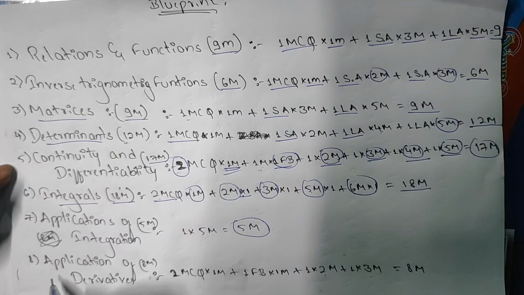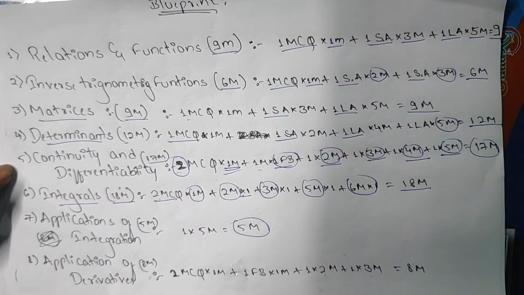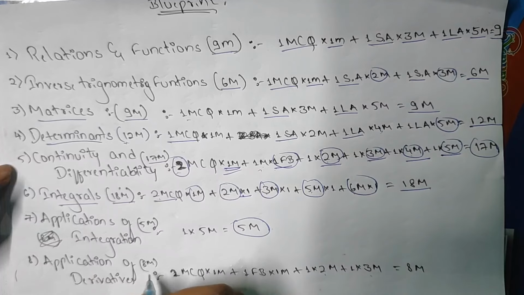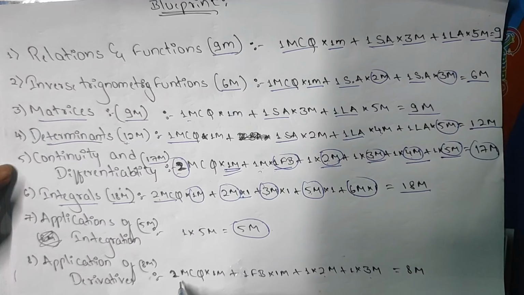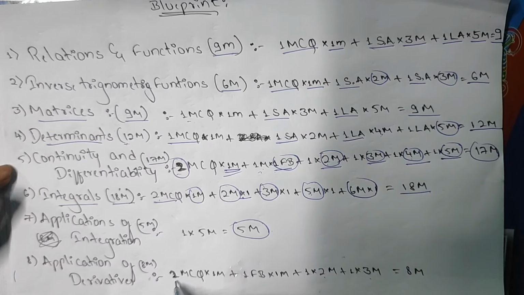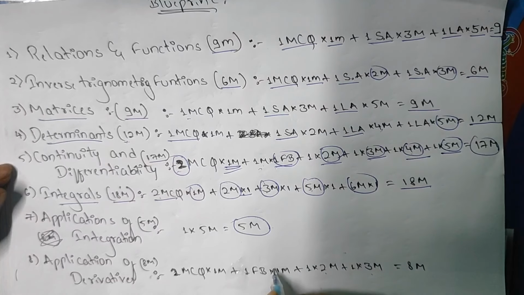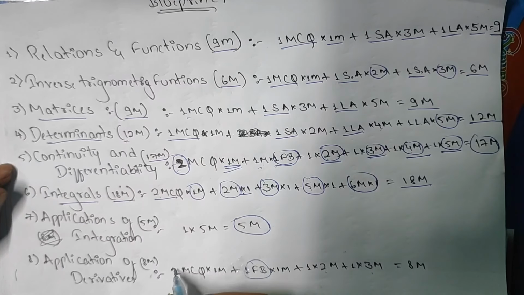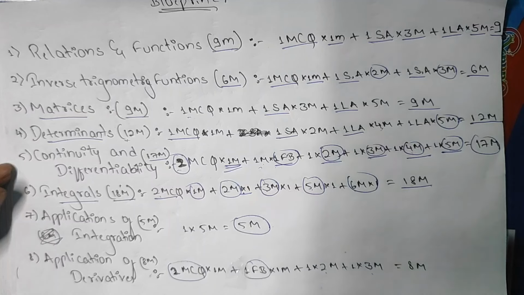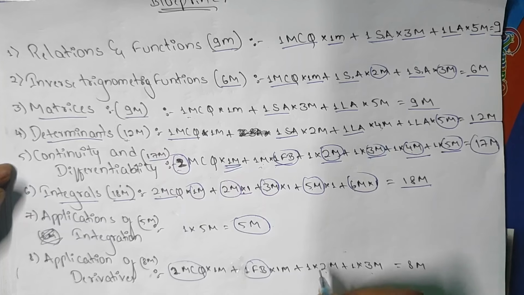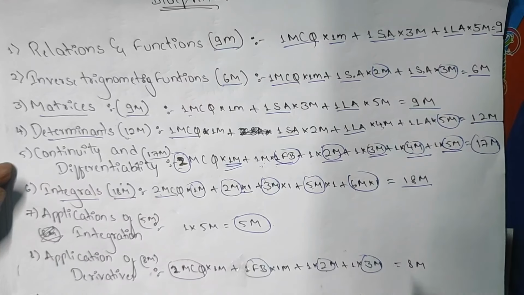And the next chapter is application of derivatives, which contains 8 marks. There will be one fill in the blanks and 2 MCQs of 1 mark each, and one 2 mark question and one 3 mark question.